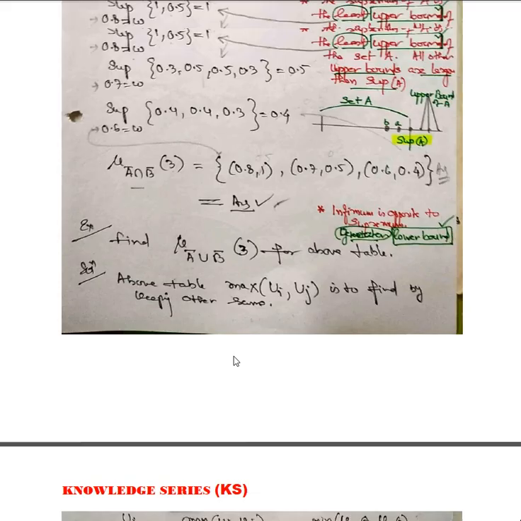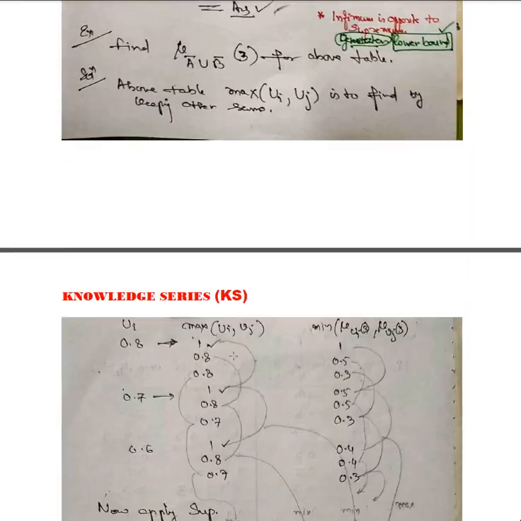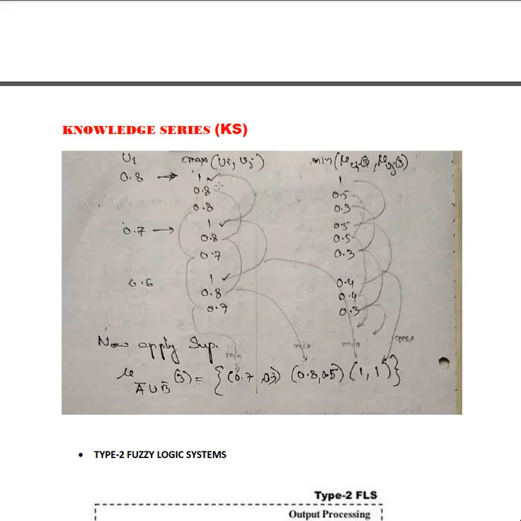Once you get these values, you have to group them: whichever is in group 1, whichever is in group 0.8, whichever is in group 0.7. Based on that grouping, let me take 1, which has 1 here, another is 0.5, another is 0.4.